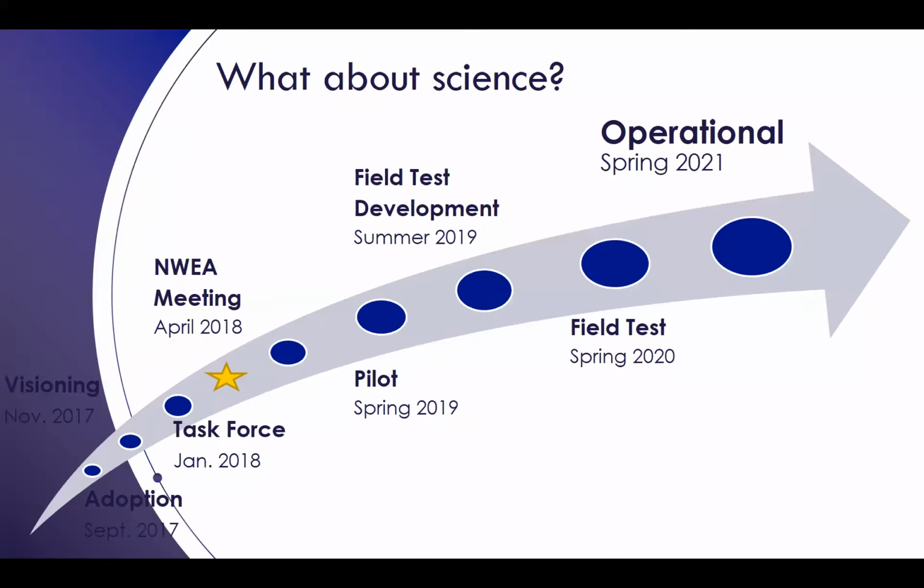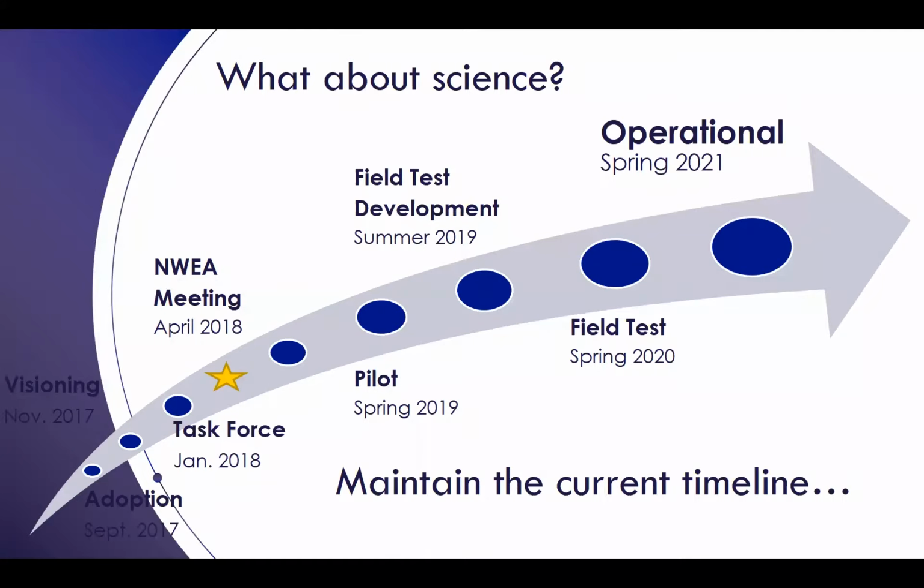Additionally, to make sure we have those guardrails set up, we're not talking about science. We've already set up a timeline for science. We're doing spring field tests this year, in the spring of 2020, and we're working towards an operational test in the spring of 2021. That is our current timeline.